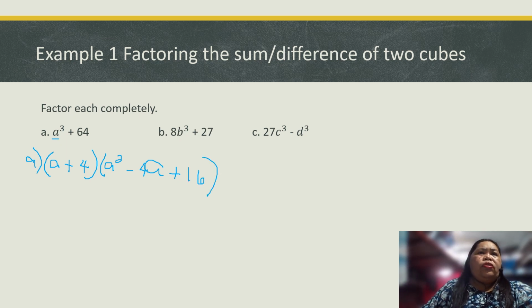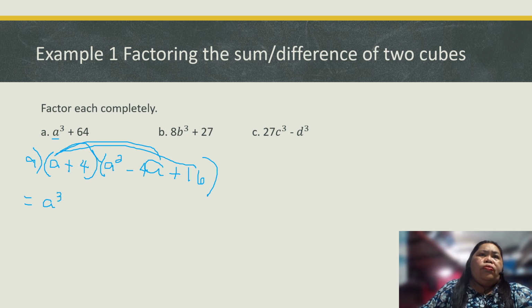Now how would you know that your answer is correct? Do it by multiplication. The long method is easy here. A times a squared is a cubed, then 4a times a is negative 4a squared, then a times 16 is 16a.